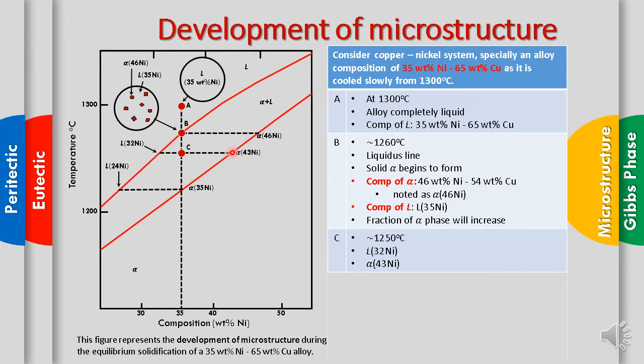So here we can identify the value of alpha as 43 nickel, and also for the liquid we have 32 nickel, whereby we project this line down to intersect the axis here. So we will get the value of 32 nickel.